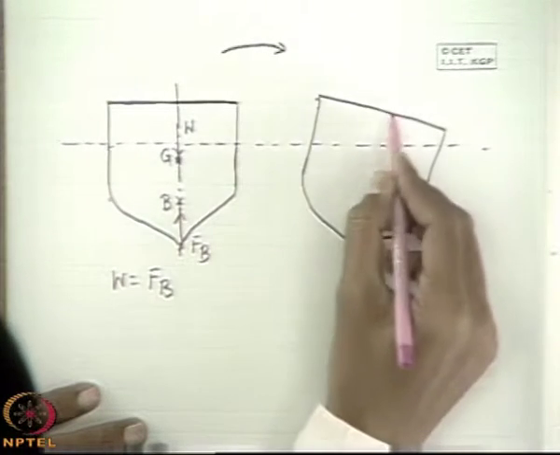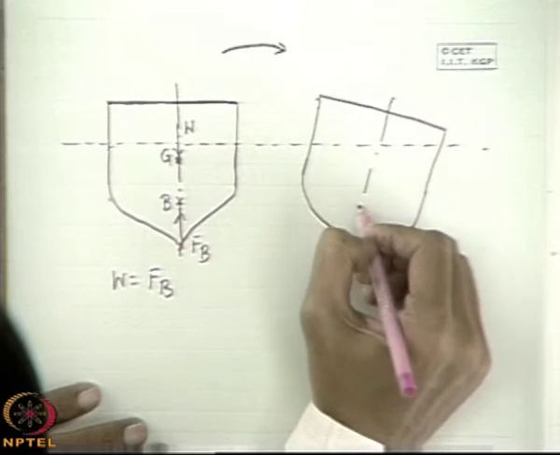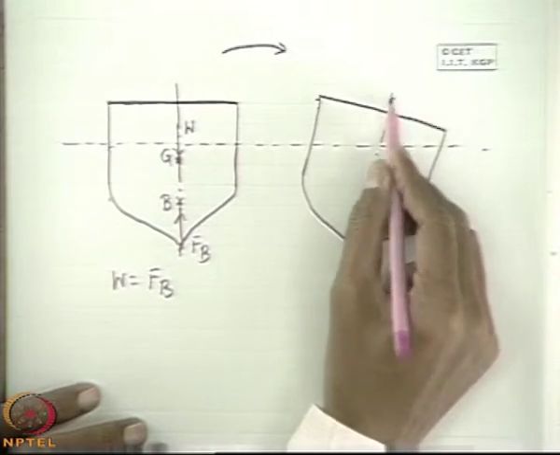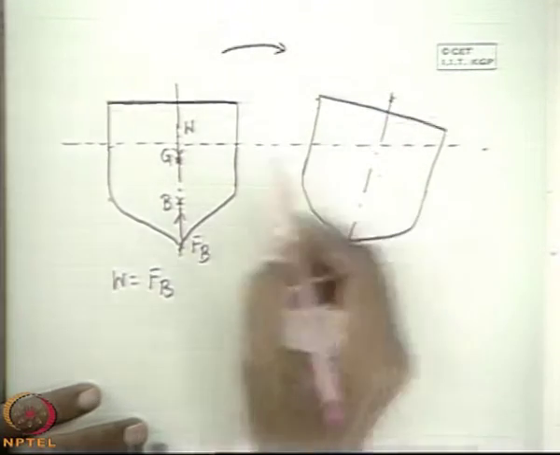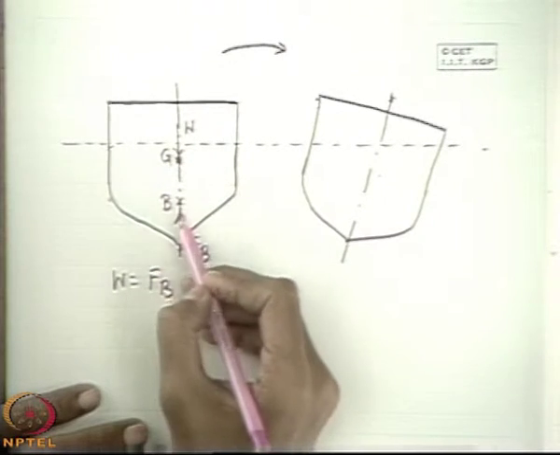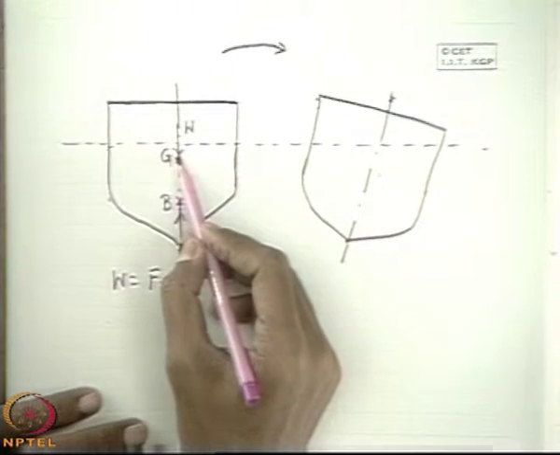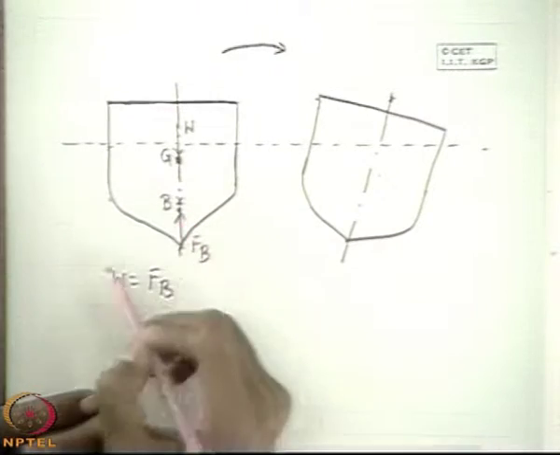Now in the displaced position, this is the old line of symmetry, or the old vertical line containing the center of gravity and the old center of buoyancy B.